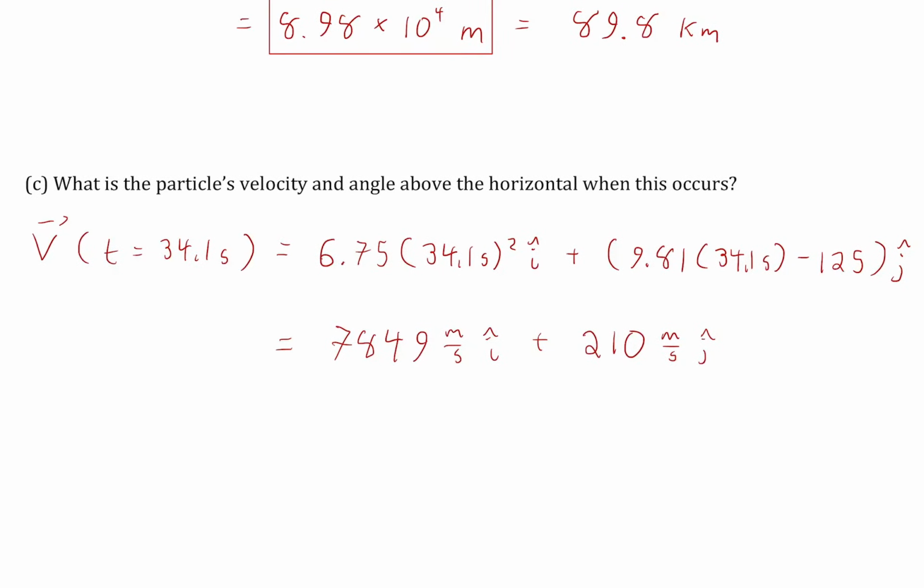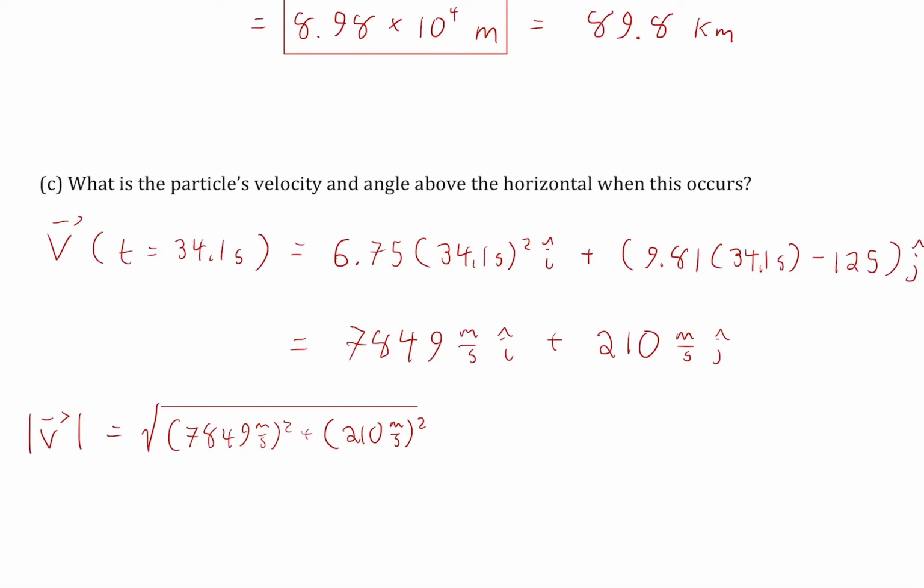Okay, so then it's just a matter of finding the angle, and we want the angle above the horizontal. So in terms of tangent being opposite over adjacent, opposite should be y, adjacent should be x. All right, so first of all, we're going to find the magnitude.